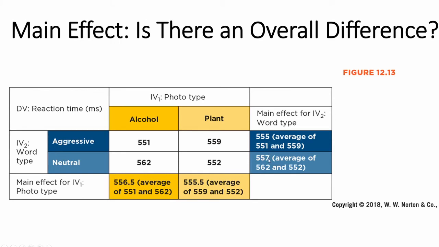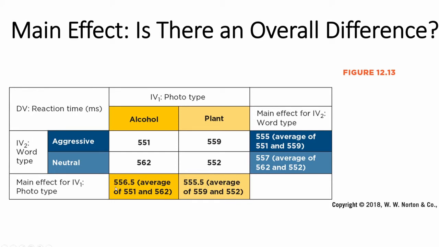There's a difference of 2 milliseconds here. So we can pretty much tell right off the bat that there's not going to be any main effect of word type, because these 2 numbers, our 2 marginal means, are too close together.